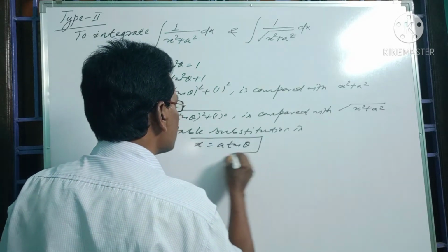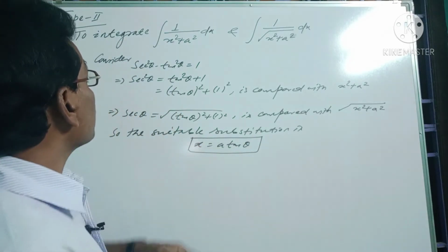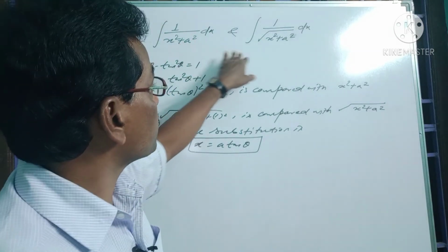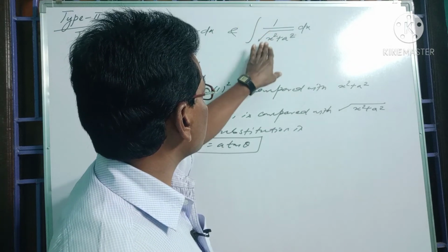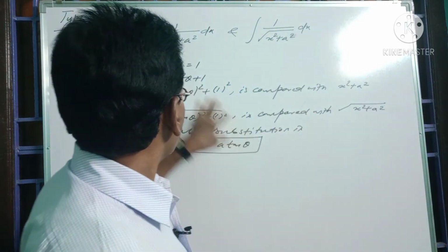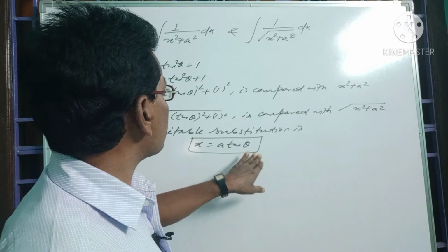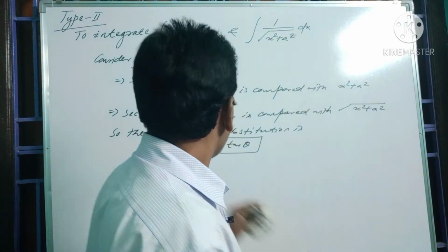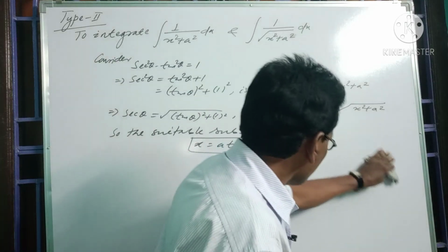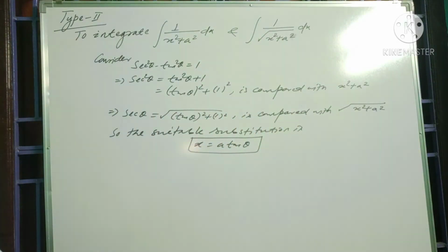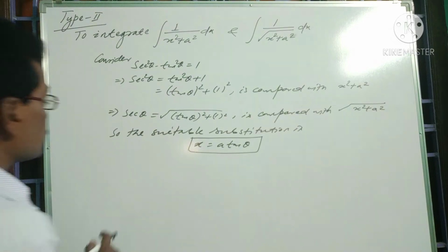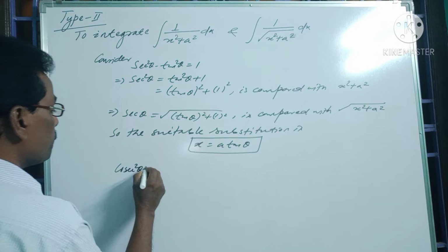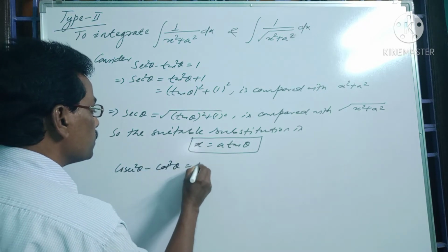So in the process of integration, that is integrating either integration of 1 by x square plus a square with respect to x, or integration of 1 by root of x square plus a square with respect to x, we can substitute x is equal to a tan theta, so that the integrals can be integrated easily. So again, to integrate both the integrals, we can also consider cosec square theta minus cot square theta equal to 1.